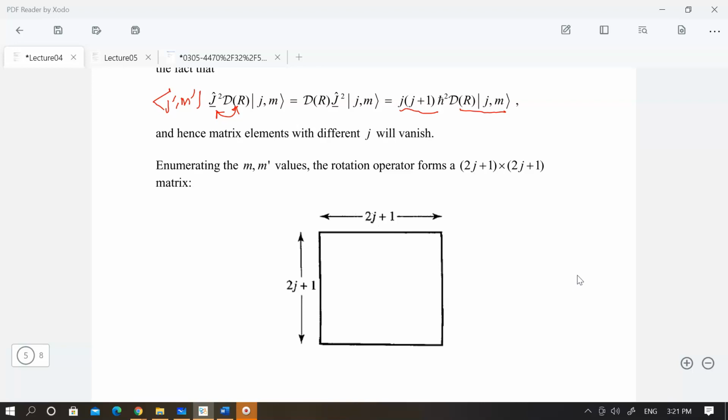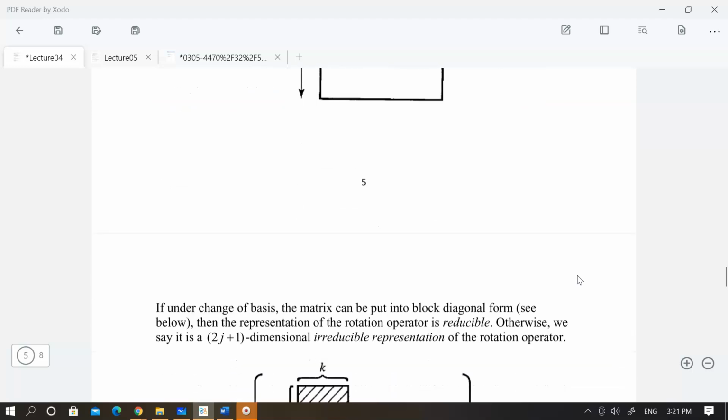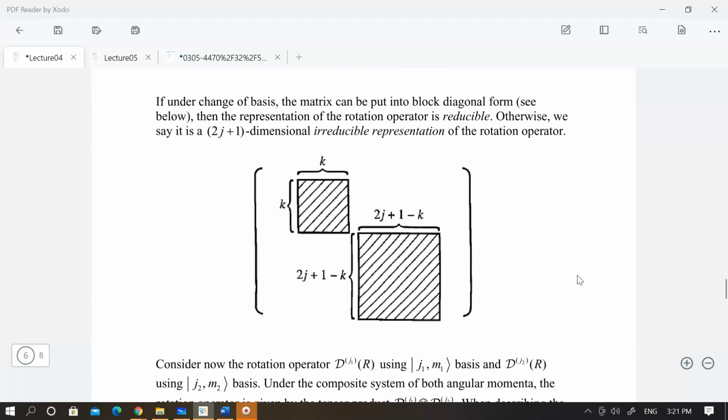Now, you might ask, if one concentrates on a specific J, why do you want to bother about this? It's the fact that later on, in general, a rotation operator becomes complicated in a way that you have several other blocks coming into the picture.